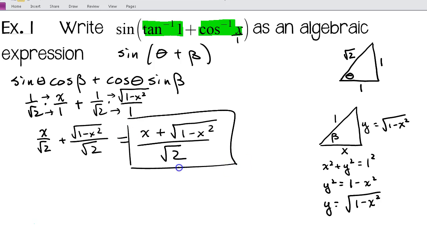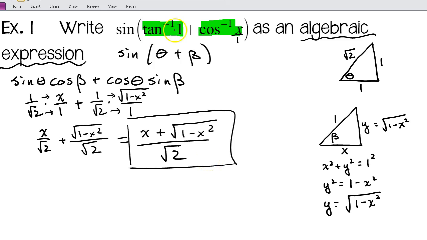We have a radical in the denominator, but for these complicated expressions we'll just leave it. When we talk about writing an algebraic expression, normally this involves a variable, here x, and that's our answer.